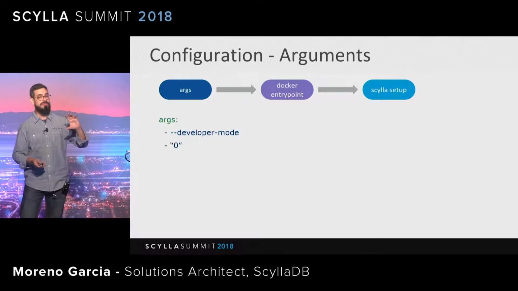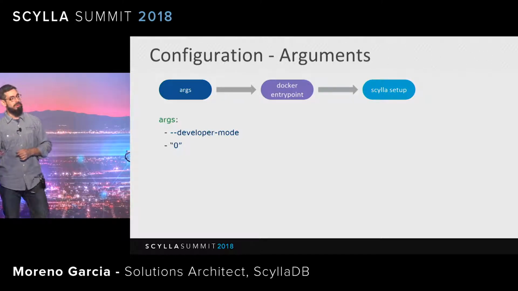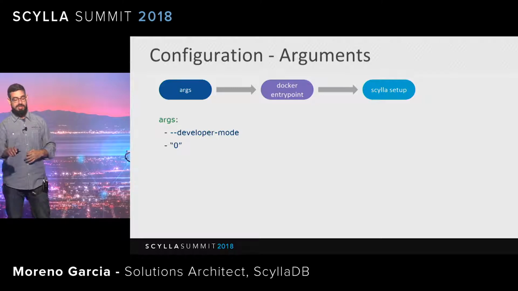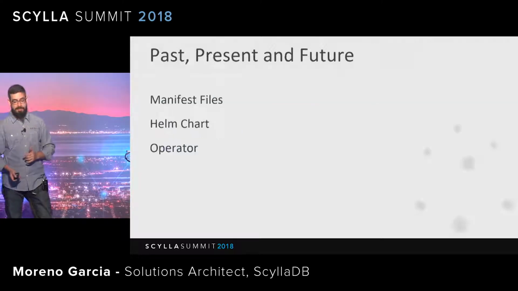Inside the stateful set, you have a section for the container, and inside the container section, there's this option called args. So all the arguments that you can pass to our container, that's how you do it: the name of the arg and the value that you desire.